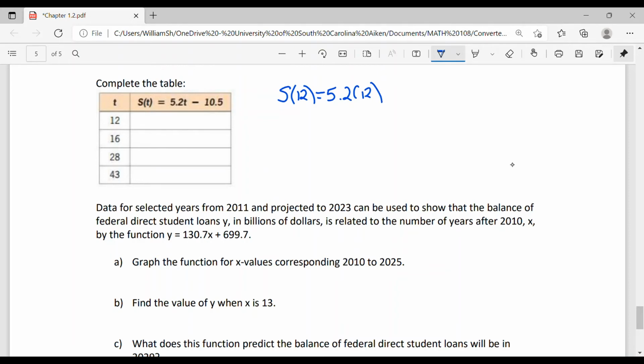So you get 5.2 times 12 minus 10.5. Now if you calculate that on your calculator, 5.2 times 12 minus 10.5, you get 51.9.